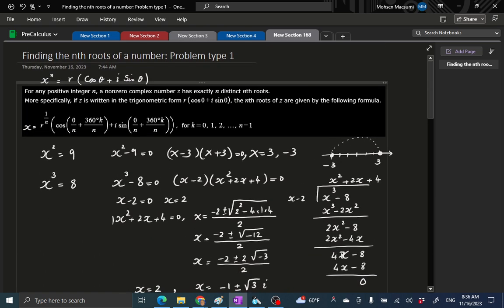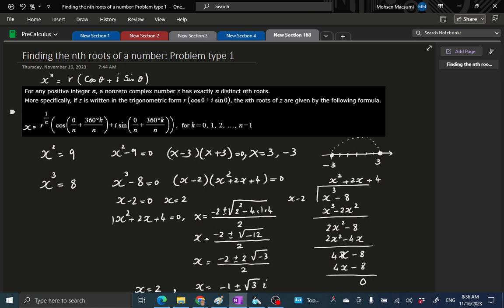That's what this theorem says: when you want to find the root of an equation like this, first of all, whatever number you have, take the radius of that and raise it to the power of 1 over n. So from 8 we got a 2 by taking the cube root.